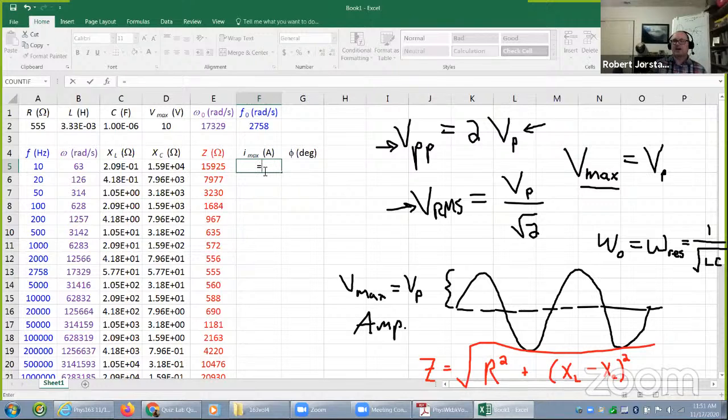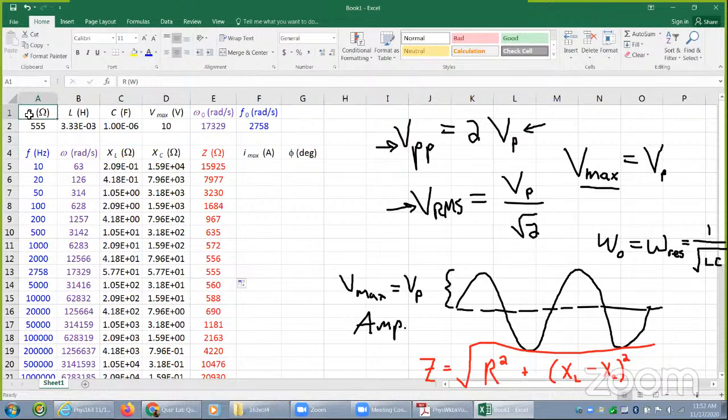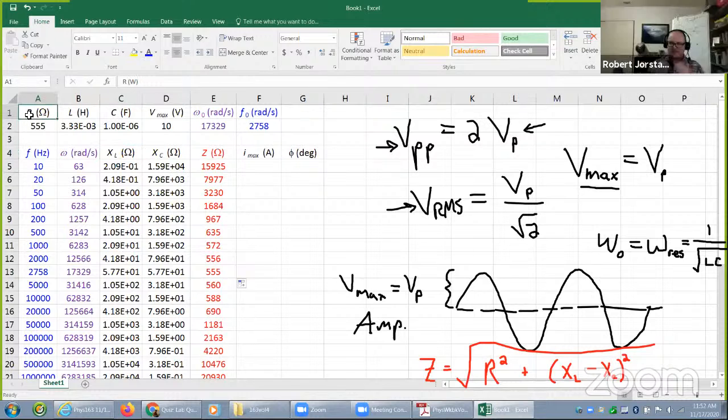It also includes the resistance too, right? So Z includes the contributions from the capacitor, the inductor, and the resistor in terms of overall impedance. So it takes all the ohms from all the things impeding current flow. Is that good? So then, Sean, go ahead and tell me what I should type in.